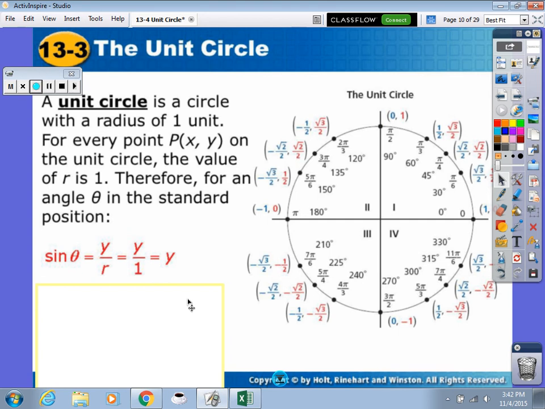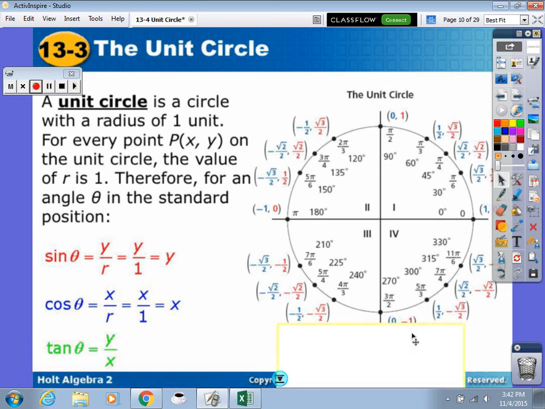That being that our sine of theta is equal to the y coordinate over the radius, or 1, so that sine theta equals y. Our cosine theta is x over r, or x over 1 if r is equal to 1, therefore cosine theta is x, and tangent is still our y over x ratio.